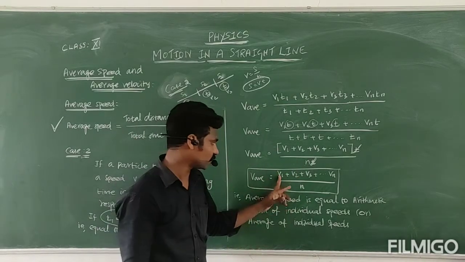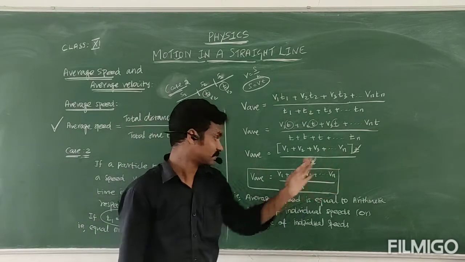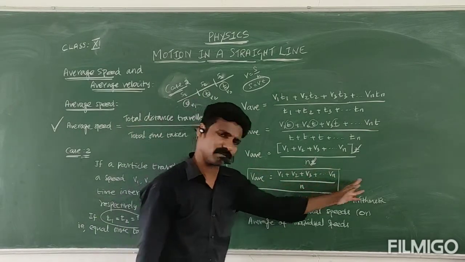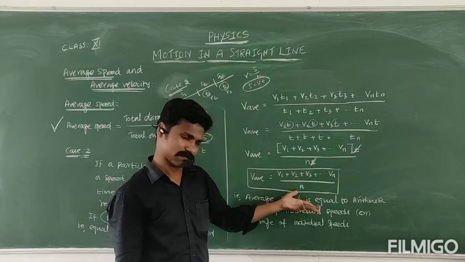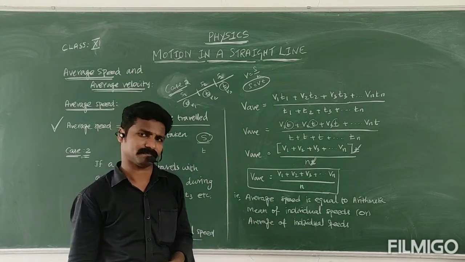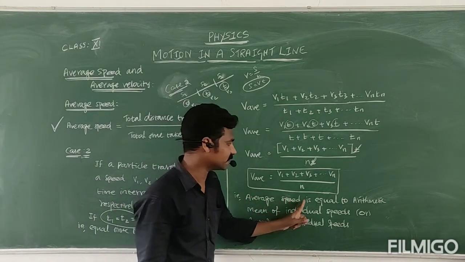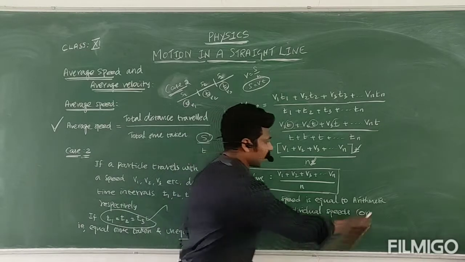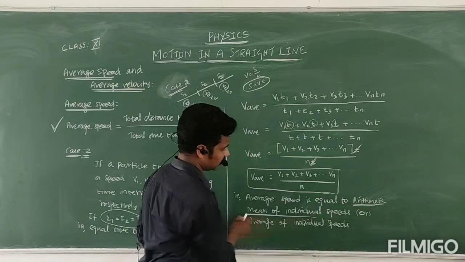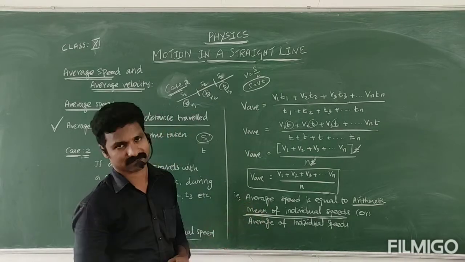Three velocities, v1 plus v2 plus v3 divided by 3. Up to n velocities, v1 plus v2 plus v3 up to vn, divided by n. It is like an algebraic method. So we can say that the average speed is equal to the arithmetic mean of the individual speeds. Simply, this is the arithmetic mean method.